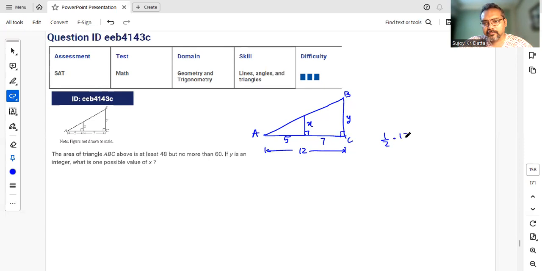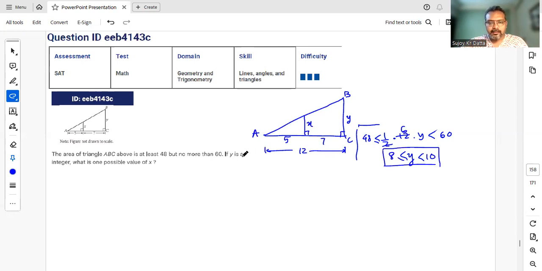So half times 12 times y is less than 60, greater than or equal to 48. So dividing throughout by 6, y is between 8 and 10. Now it's saying y is an integer, so y could be like 8 or 9.